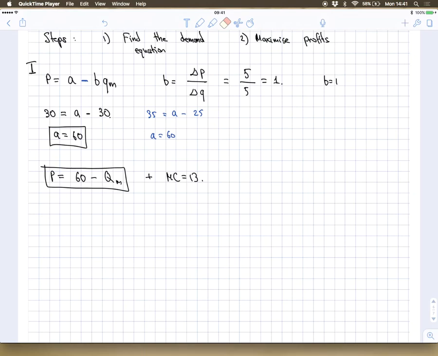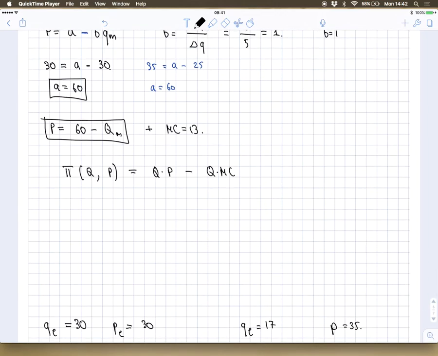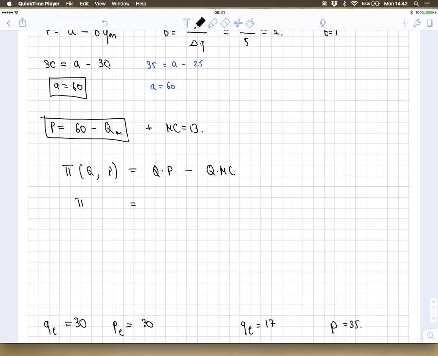Okay. Right. So once you're here, you can write down the profit function as a function of quantity and price. Well, that's easy. Q times P minus Q times MC. But let's do profits as a function of Q only. Well, that would be Q times 60 minus Q times 13.